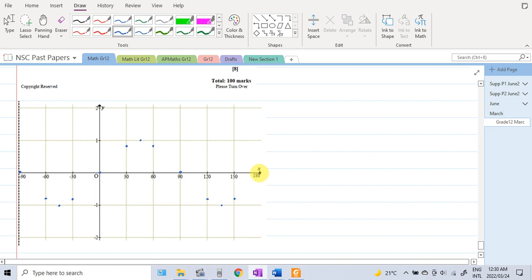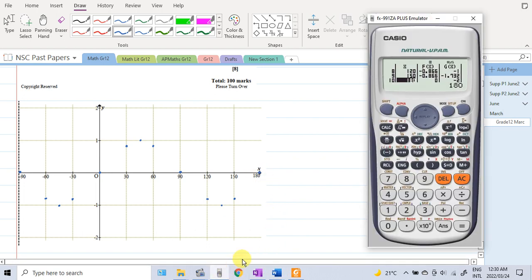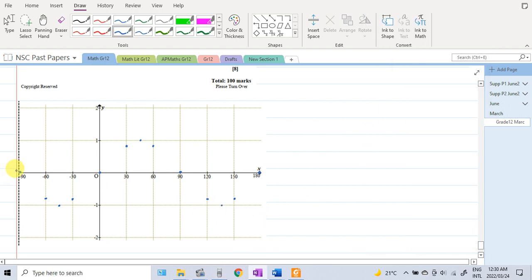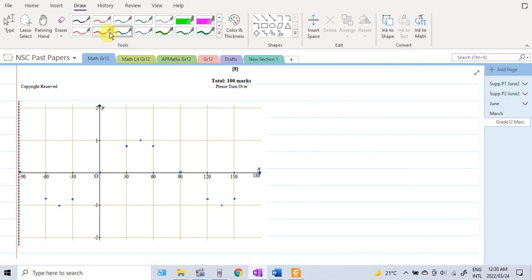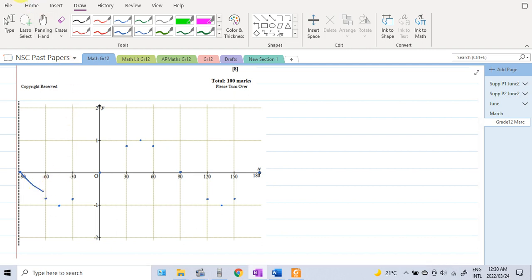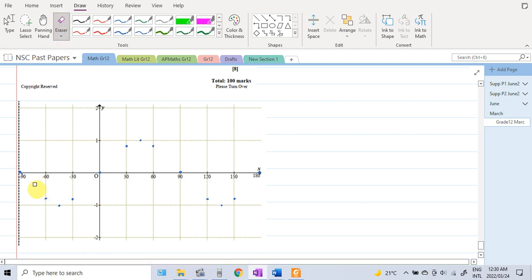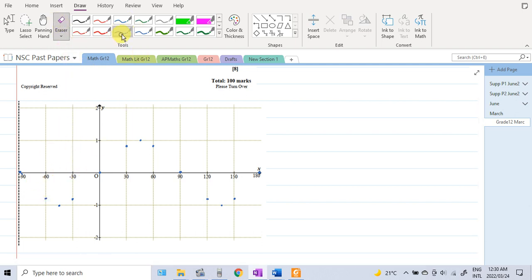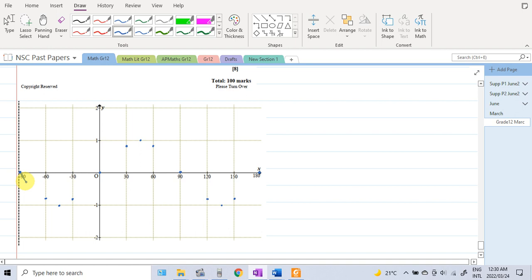So let's sketch this graph here first. I'd rather sketch this graph and then go back to sketching the next one. Let me try to sketch it neatly, and I don't want my pen to slip.